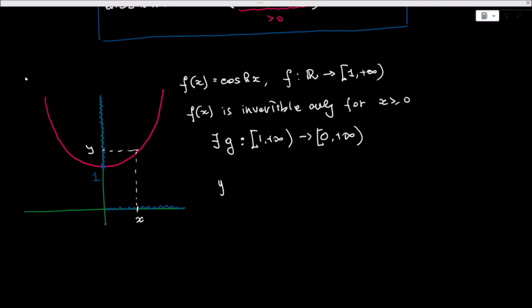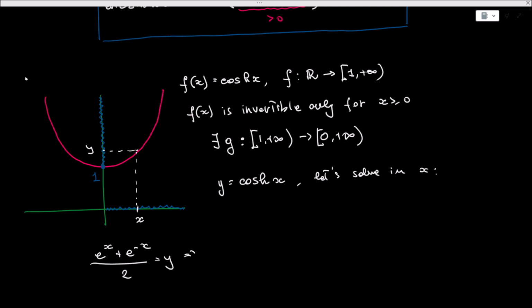We would write that y is equal to the hyperbolic cosine of x, and again we want to solve this equation in x. How can we do this? Well, we can rewrite the hyperbolic cosine by definition as e to the x plus e to the minus x divided by 2 equal to y, which implies that e to the x plus e to the minus x is equal to 2y.